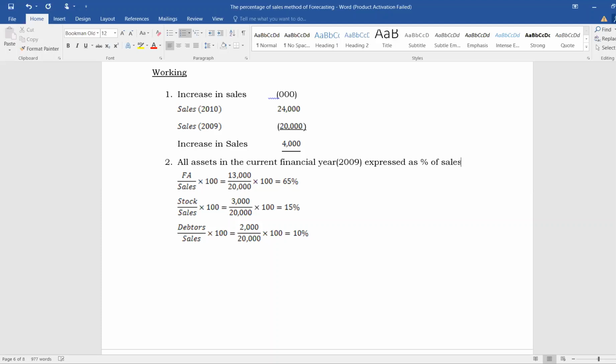Of course, we need to know what relationship exists so that we can use it in forecasting total assets.